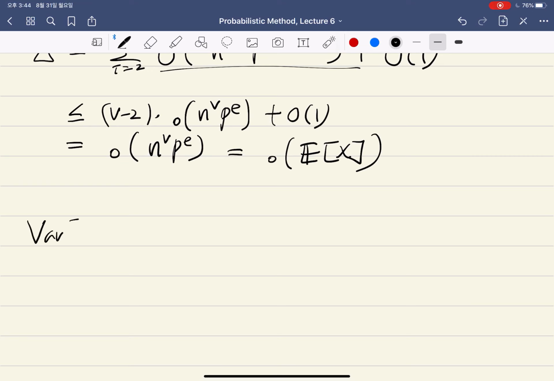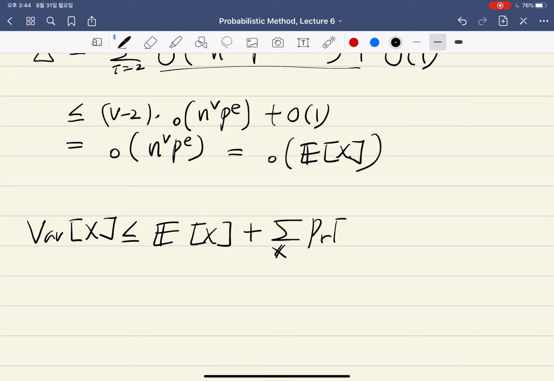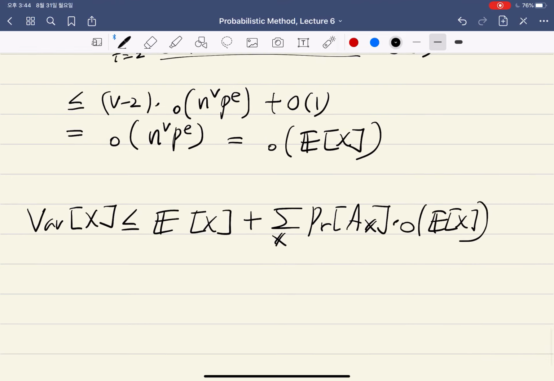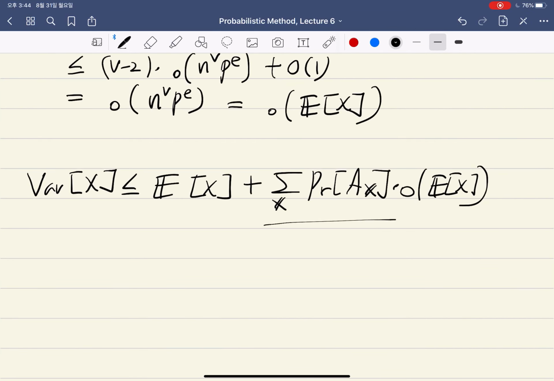So what do we know? Variance of X is at most expectation of X plus the summation of all probability of AX times little o of expectation of X. And we know that the summation of this probability is expectation of X. So expectation of X times little o of expectation of X is little o of expectation of X squared.